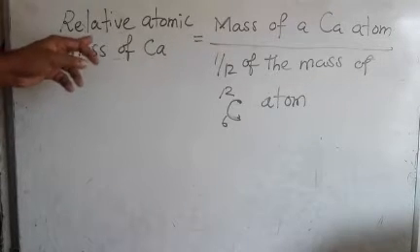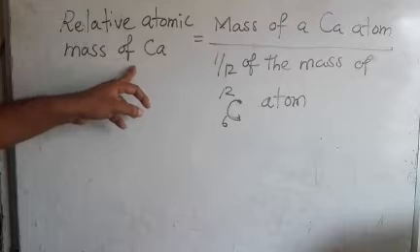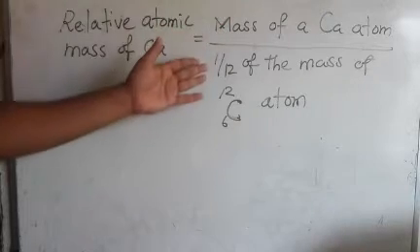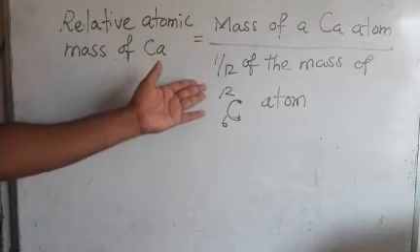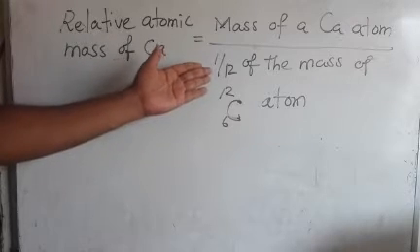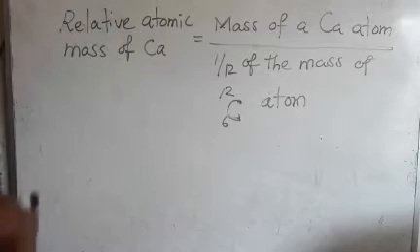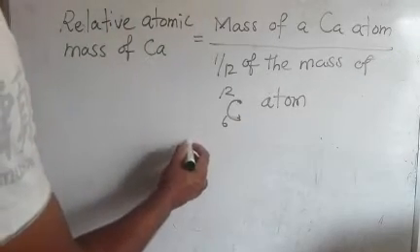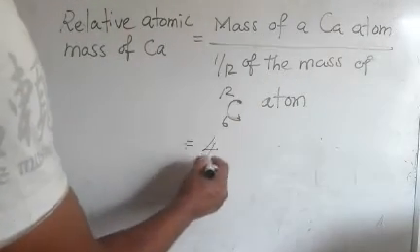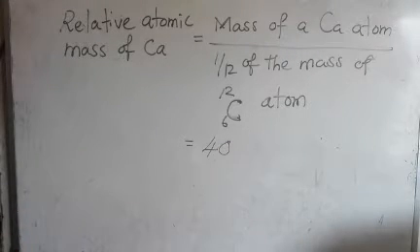Here this shows the relative atomic mass of calcium. The mass of a calcium atom is divided by the selected unit, the relative atomic mass unit. So the relative atomic mass of calcium is given as 40. What is the meaning of this?